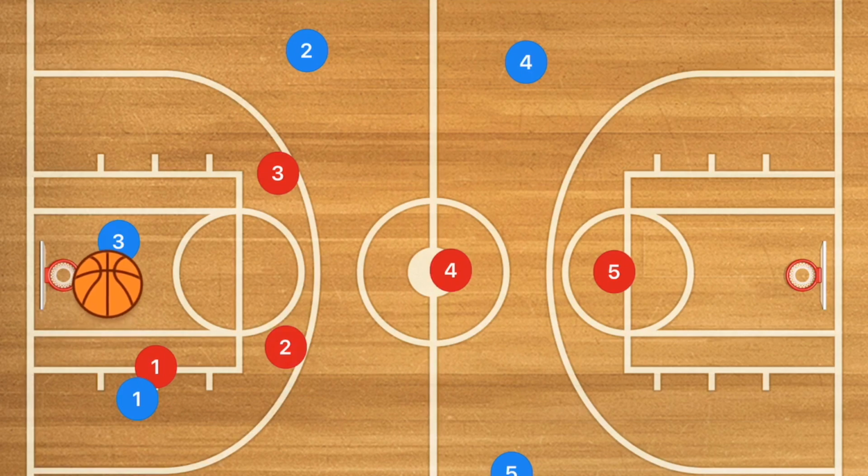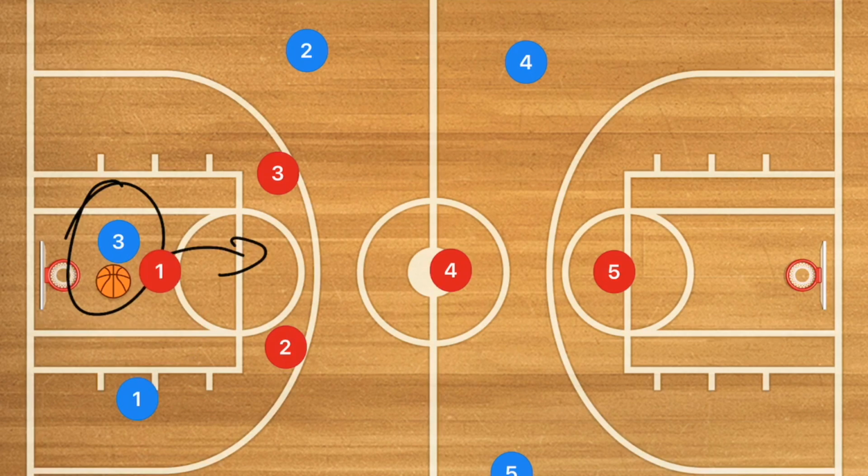That's when we're going to reverse the ball, and we want player 3 to attack this gap, the gap in between player 1 and player 3, which is the opposite side to what player 1 is on.